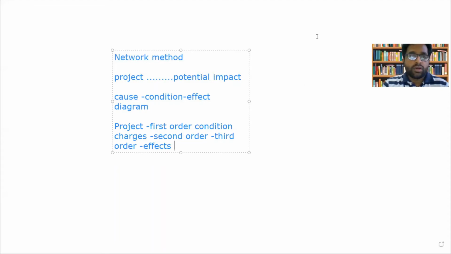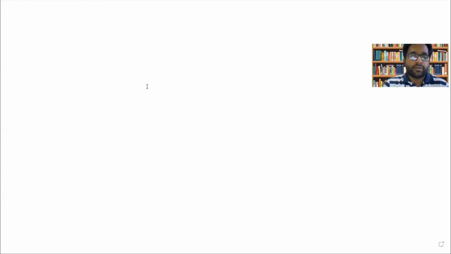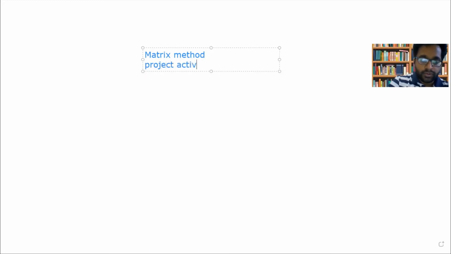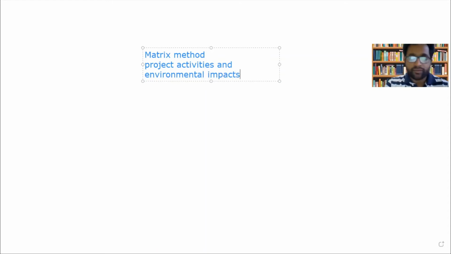Now coming to the fifth method, known as the matrix method. What is happening in the matrix method is that project activities and environmental impacts will be presented in a matrix form.